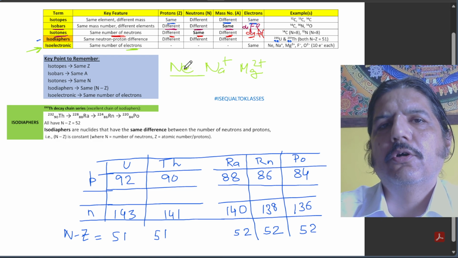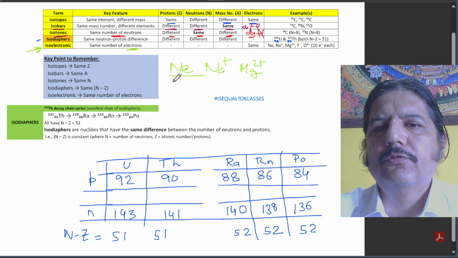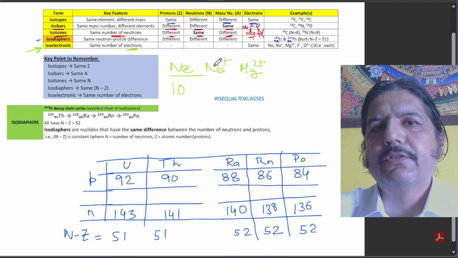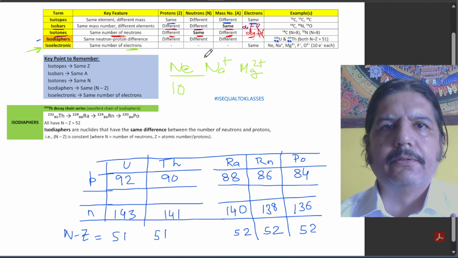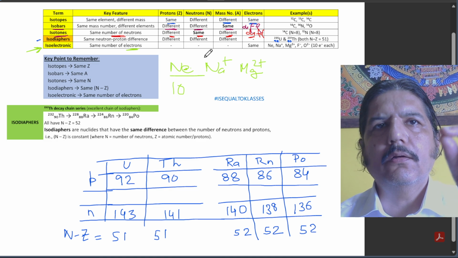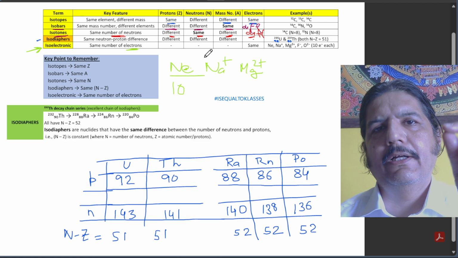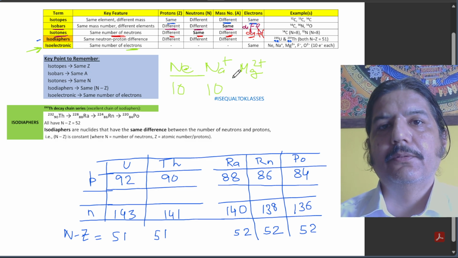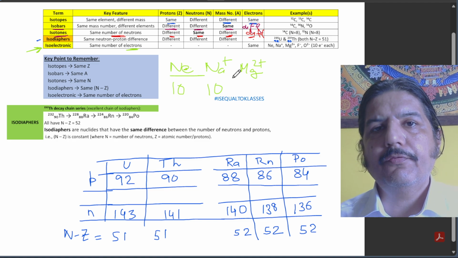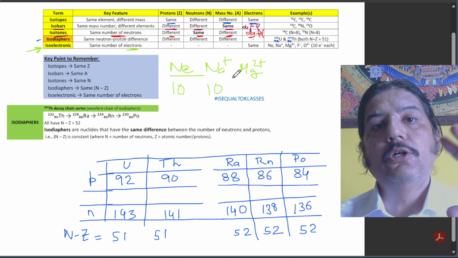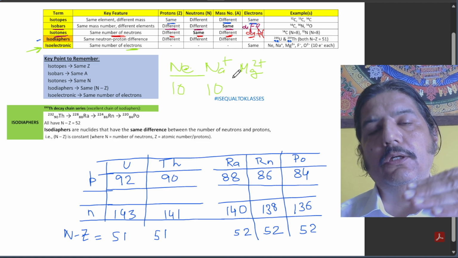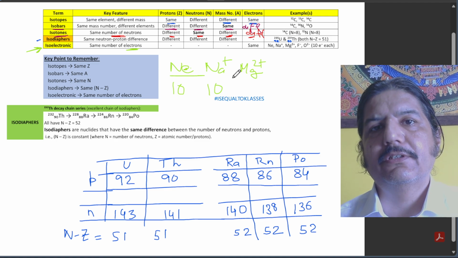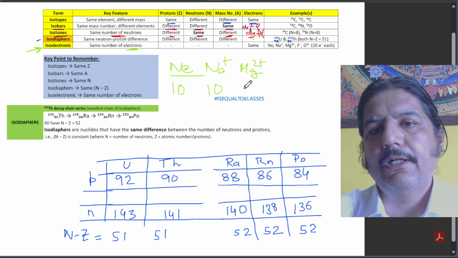Now the neon atom has 10 electrons. For sodium, the atomic number is 11, so for Na positive one electron is less, so Na positive will have 10 electrons. The number of electrons in a magnesium atom is 12, but for Mg2 positive, 2 electrons are deficient, so the magnesium 2 positive will have 10 electrons.